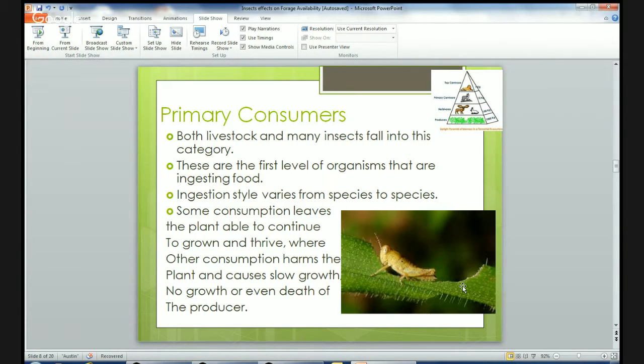Of course, anytime you're looking at a different area, you're going to want to look specifically at what species are there. Some consumption of leaves is not going to be a big deal, if you're talking a leaf or two.